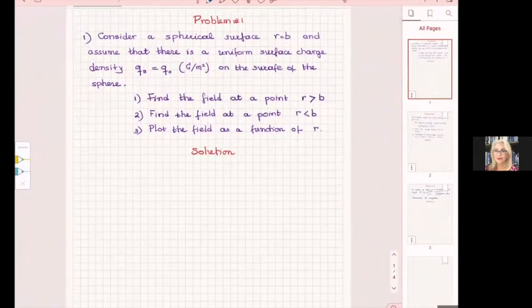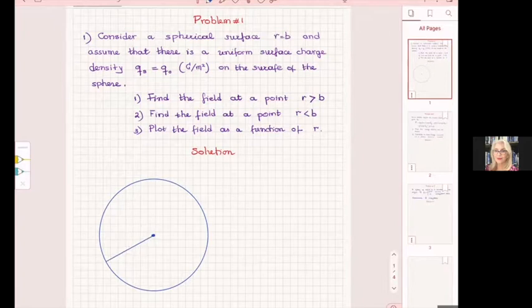So I'm going to write here a sphere. And the radius of this sphere is B.